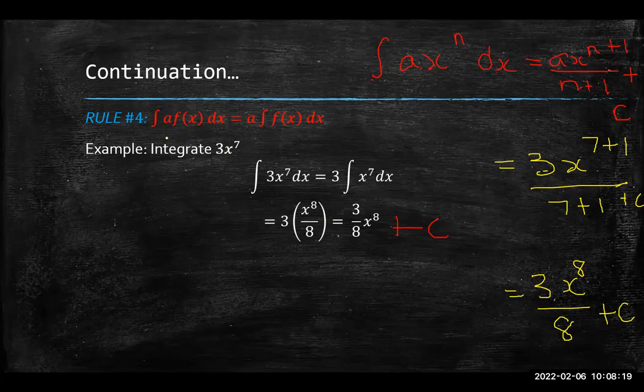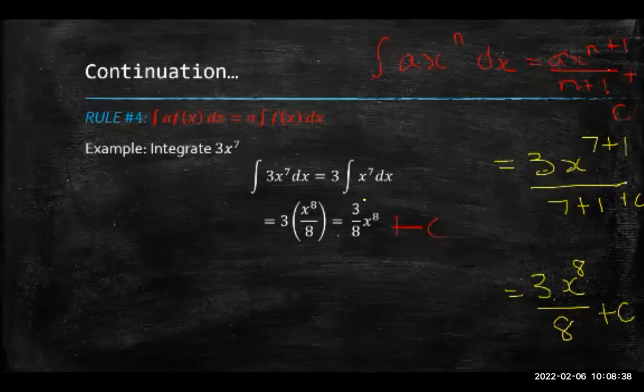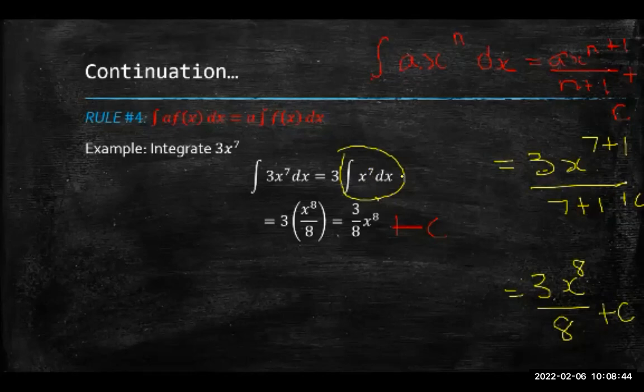The rule says the integral of a f of x dx is the same as saying a, so whatever this value of a is, multiplied by the integral of f of x with respect to x, right? So if I'm required to find the integral of 3x to the power of 7, I can take out the 3 and deal with this. So what I'm doing, I'm finding the integral of x to the power of 7 with respect to x.